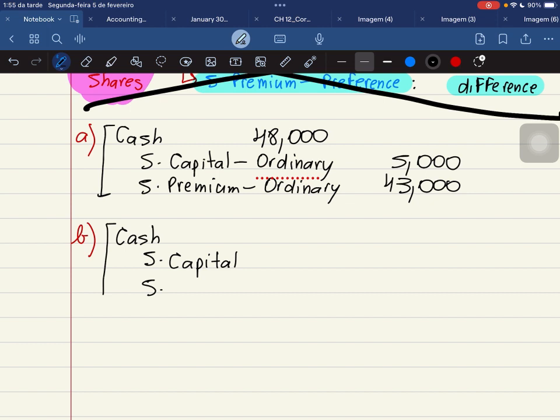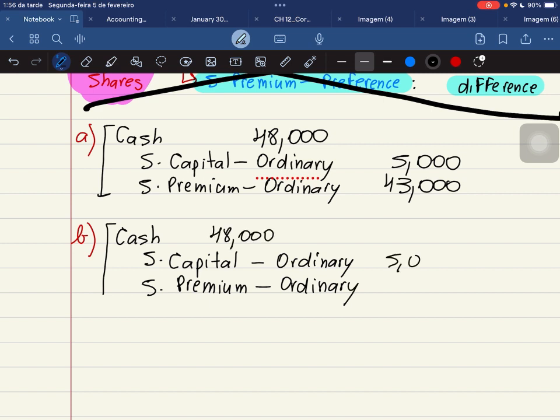So we are going to have cash on the top, share capital ordinary, and share premium ordinary, and the numbers are going to be the same for the same reason. 48,000, 5,000, and 43,000.